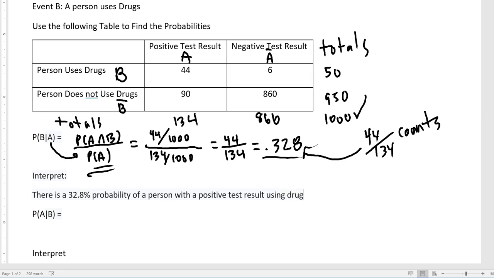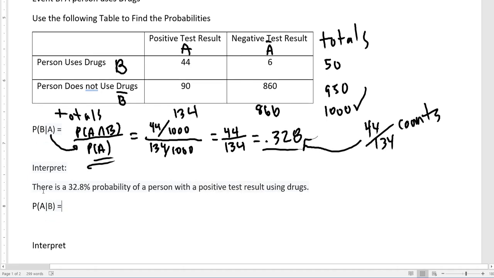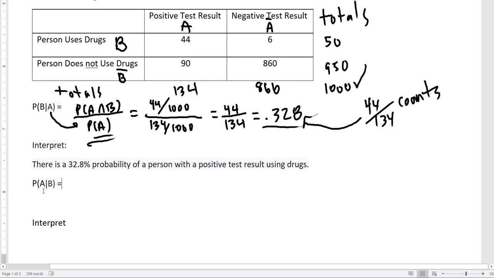This is the group that we're looking at, and there is a 32.8% chance that if they got a positive test result, they are a drug user. That's why they retest. A lot of times the druggies are like, oh crud, it must have got a positive test result, don't go back. So they kind of filter themselves out, right?